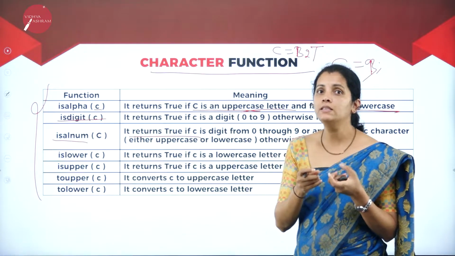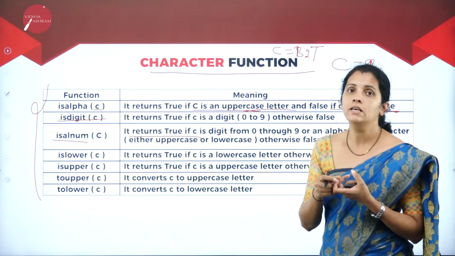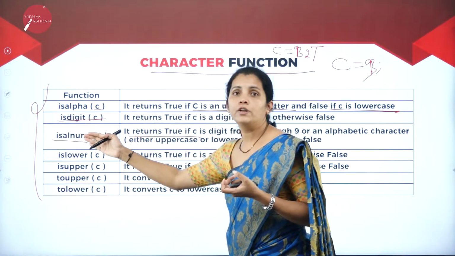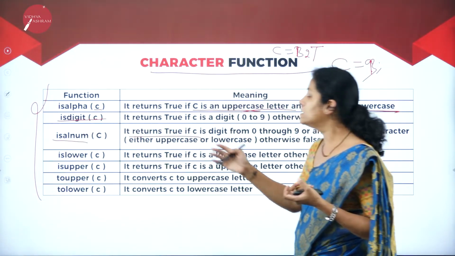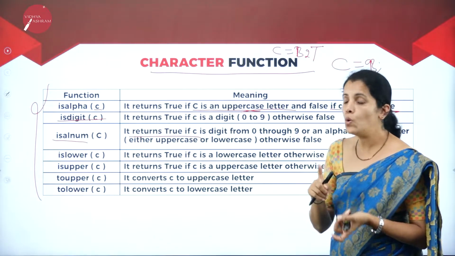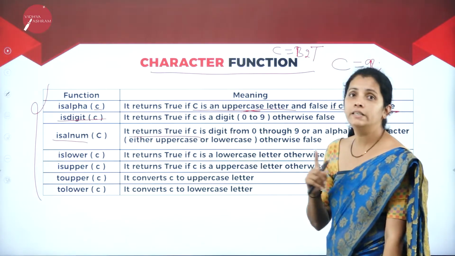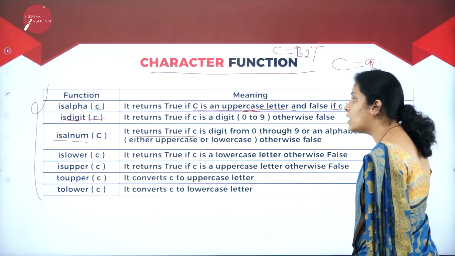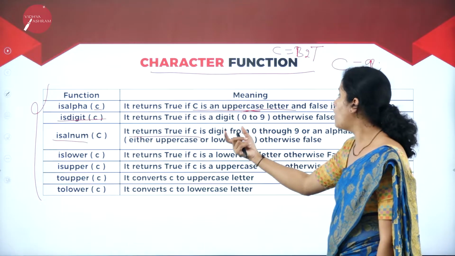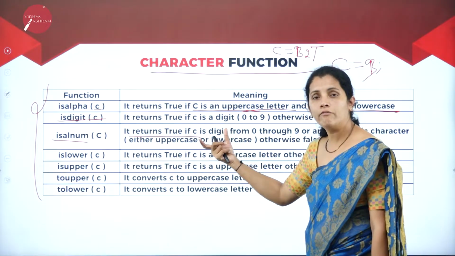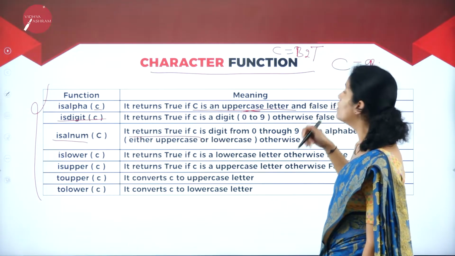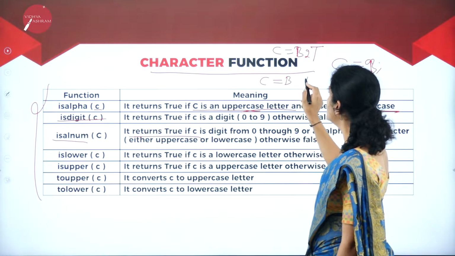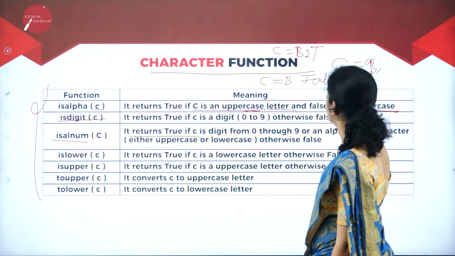So here B is an alphabet and 2 is a digit. And this function isalnum is going to return the value true only when it holds a digit from 0 to 9 or an alphabet, uppercase or lowercase. Otherwise, it is going to return the value false. That means if I write c equal to B, then it is false.